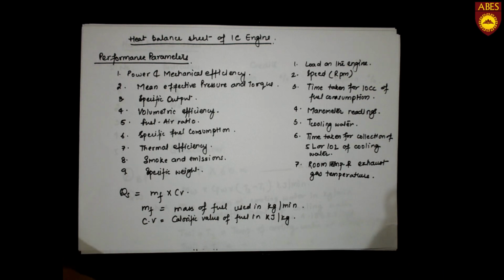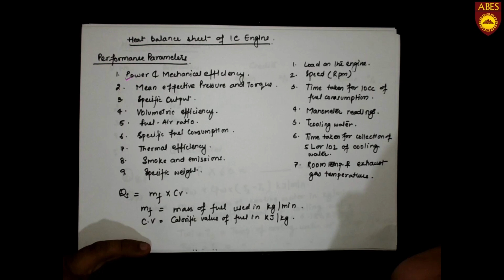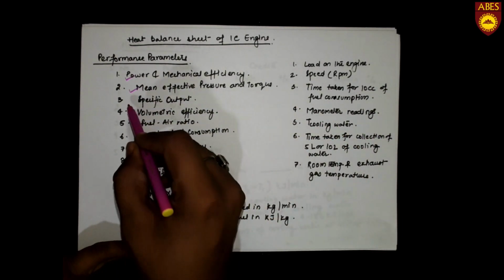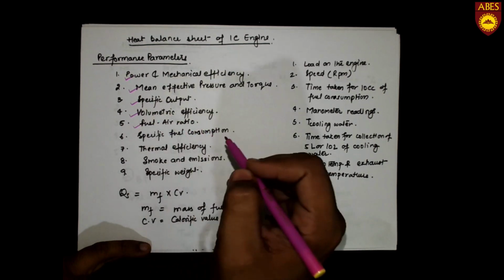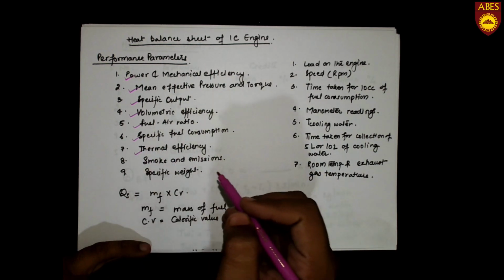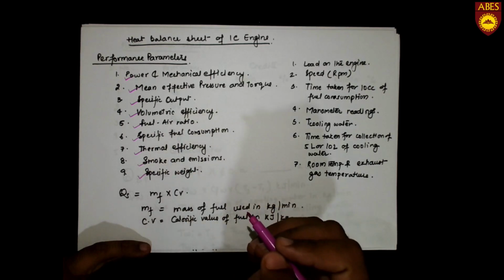These basic performance parameters are power and mechanical efficiency, mean effective pressure and torque, specific output, volumetric efficiency, fuel air ratio, specific fuel consumption, thermal efficiency, smoke and emissions, and specific weight.